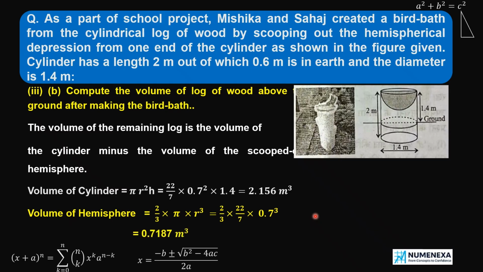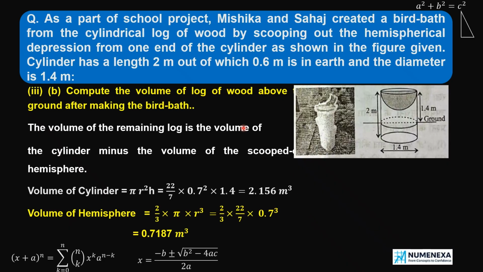On simplification, we get the volume of the hemisphere as 0.7187 meter cube. In this way, we have computed the volume of the cylinder above the ground and the volume of the hemispherical depression.